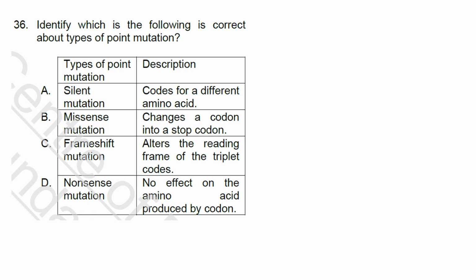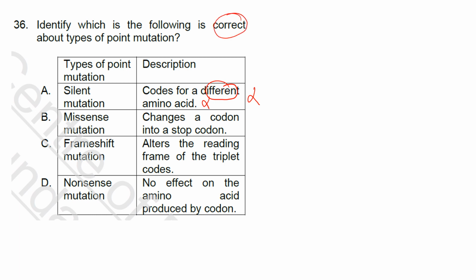Identify which of the following is correct about point mutation, about types of point mutation. The first one says silent mutation codes for a different amino acid. This is wrong. Silent mutation still codes for the same amino acid. So this one is incorrect. The question asks for the correct statement.